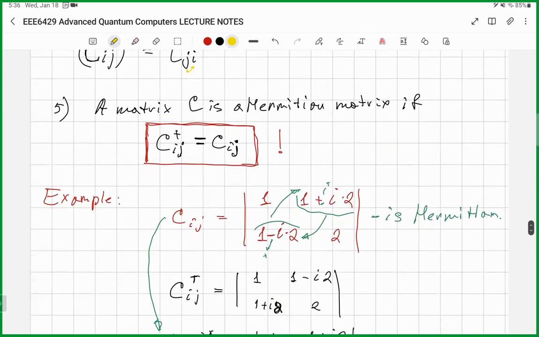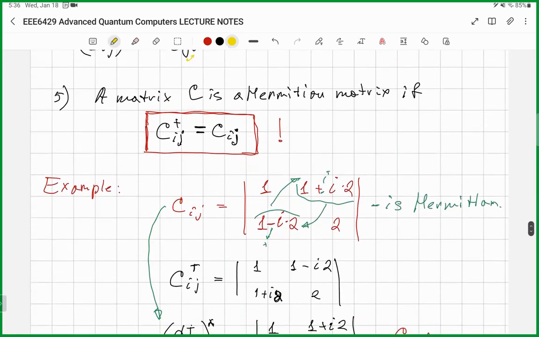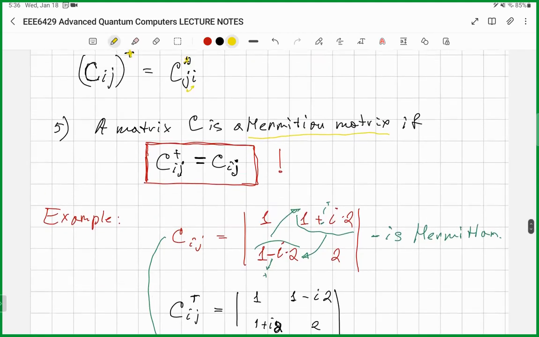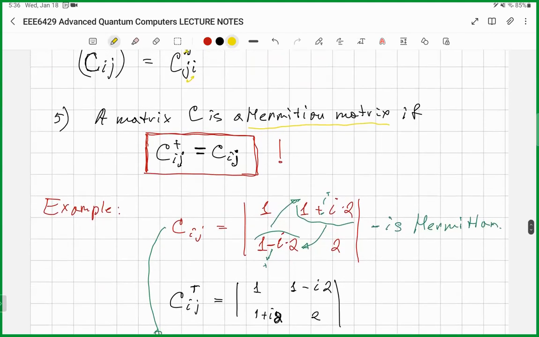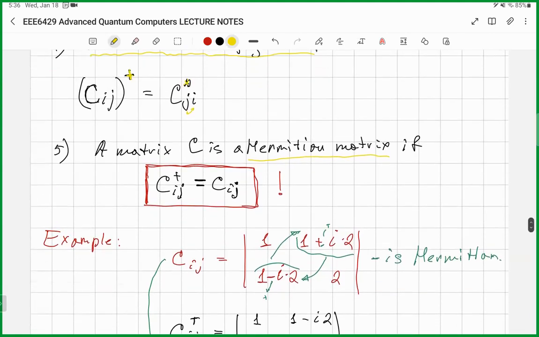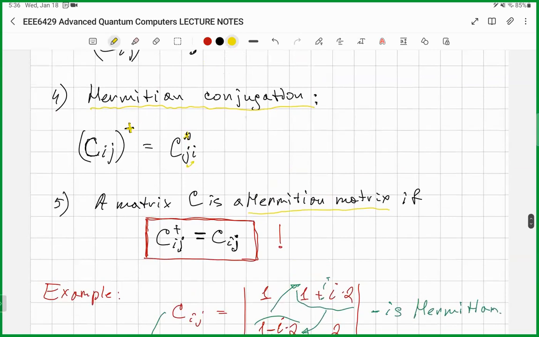Well, and then we introduce the concept of a Hermitian matrix. So what is a Hermitian matrix? A Hermitian matrix is a matrix that doesn't change after taking the Hermitian conjugation.